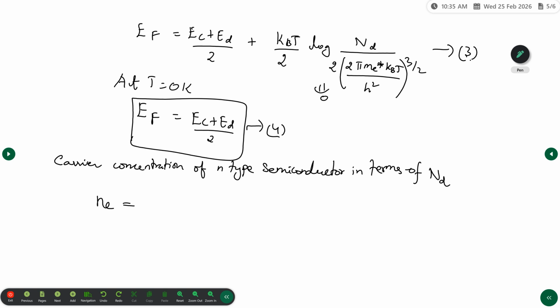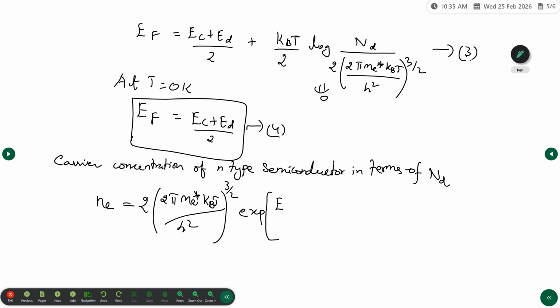So NE, you know the value, that is 2 into (2 pi ME star kBT by h square) power 3 by 2, next, exponential of (EF minus EC) by kBT. NE we have written in equation 1. Now here you have to write exponential of EF, and for EF you have to substitute this equation 3.